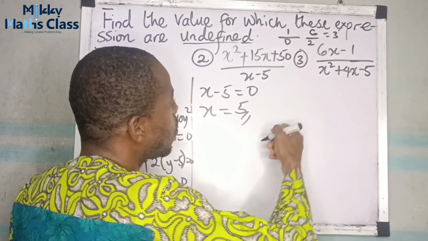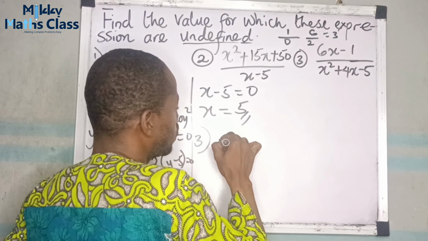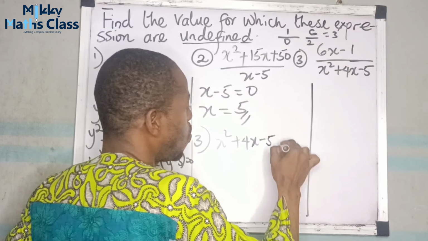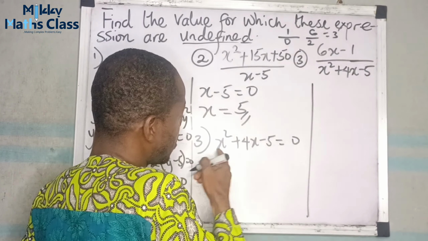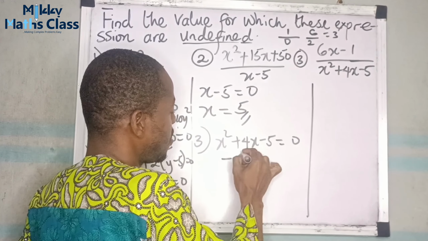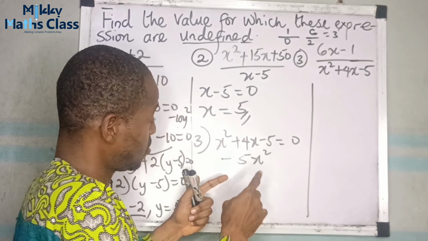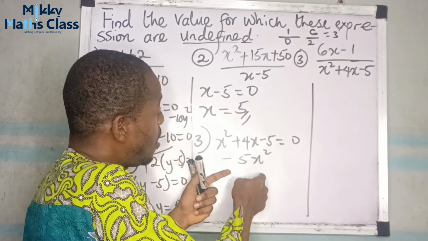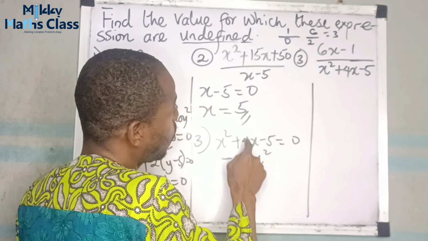All right, the third one, let's equate this. x squared plus 4x minus 5 equals 0. The same thing, we factorize it. This times this is negative 5x squared. Now we look for two factors such that when I multiply them, I get negative 5x squared, and when I add them together, I get plus 4x.